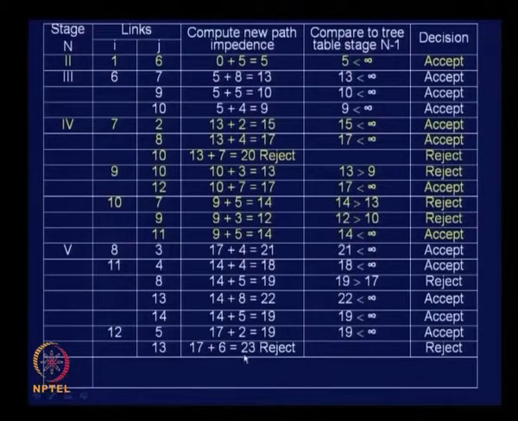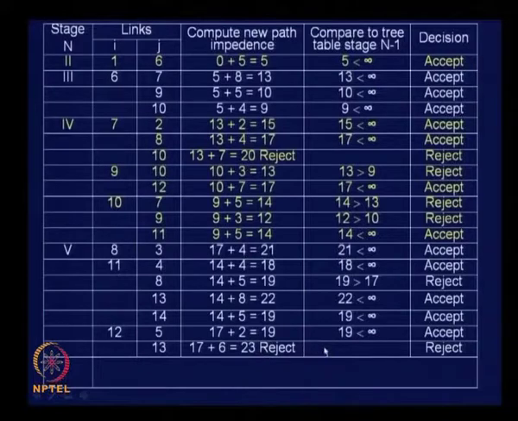17 plus 6 23 we are rejecting. Why? Please, it is an interesting case. What we have given as title for this column is this: compared to tree table stage n minus 1. N minus 1 is stage 4 actually, right. Normally we compare to reject the values obtained in the previous step, whereas in this case it is very interesting to note that within this step we have reached out to this node 13 and got a value less than this value.